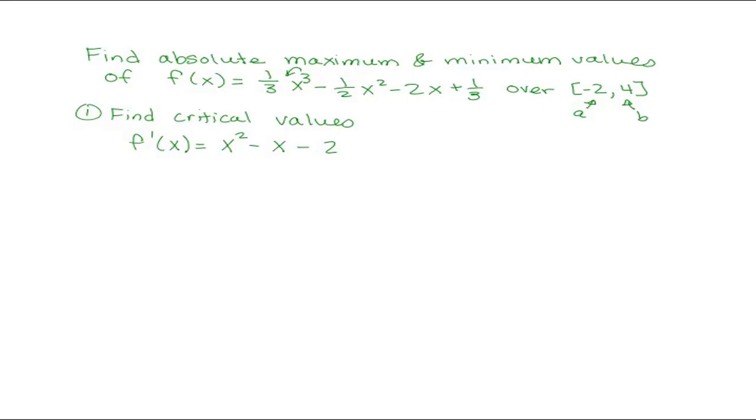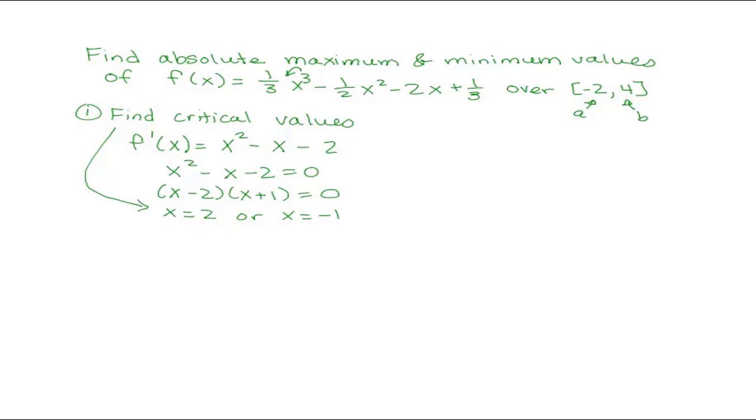You set this equal to 0 to find the critical values. Then let's factor. x minus 2 equals 0 happens when x is 2, and x plus 1 equals 0 happens when x is -1. So these are our critical values.